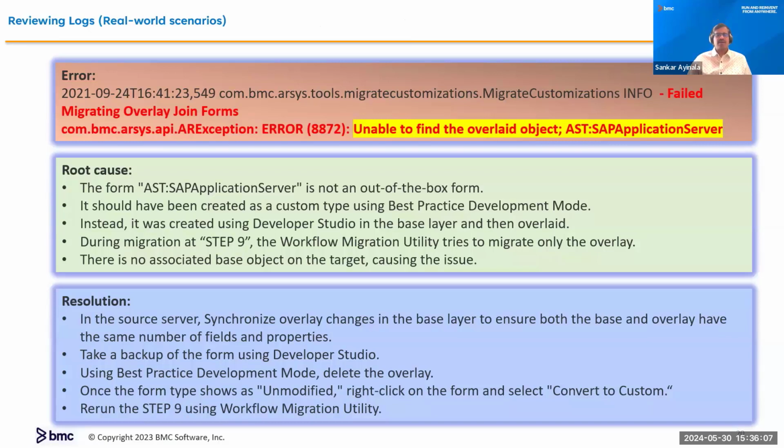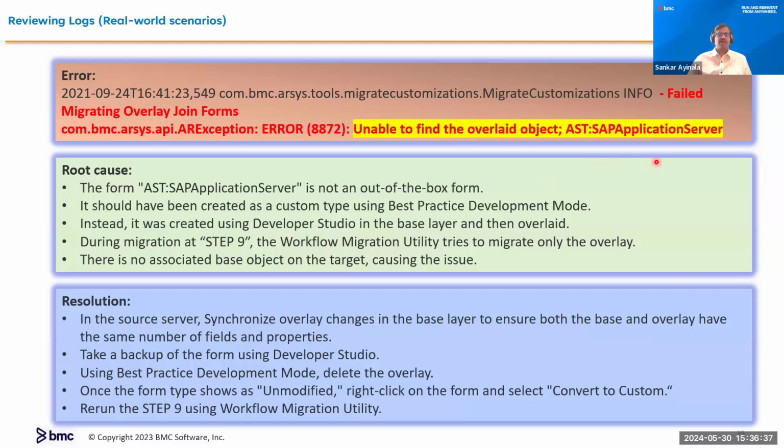When we troubleshooted, this form was not an out of the box form, and it was created in the base development mode, and then they created an overlay on top of it, instead of creating it in the best practice mode as a custom form. During the migration, the utility only migrates the overlay since the base object is not present on the target, so migration failed.